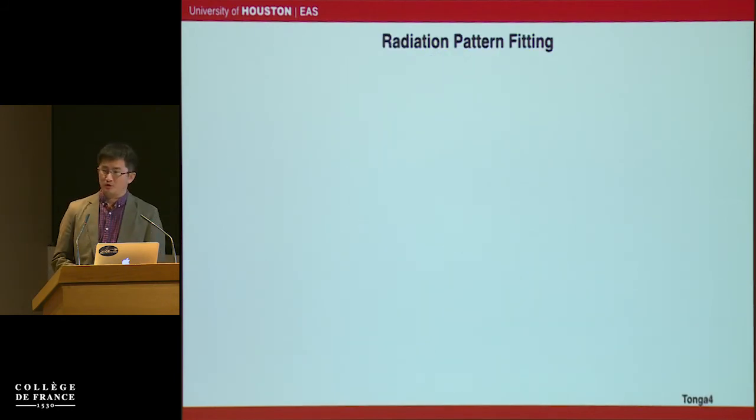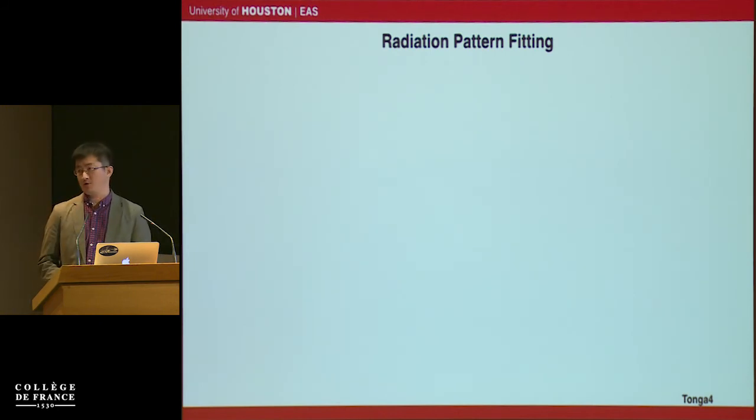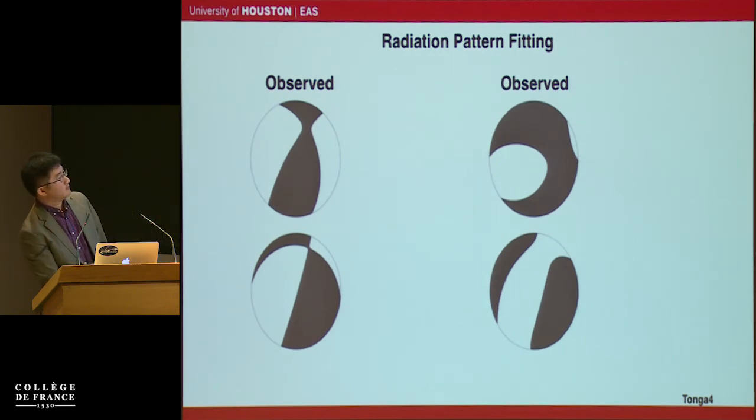So that's our model that we invert. Let's see how good the fit is. We have a model, so we have to make a prediction about moment tensors, then compare the predicted moment tensors to the observed moment tensors. This is the Tonga 4th group, Tonga 4.